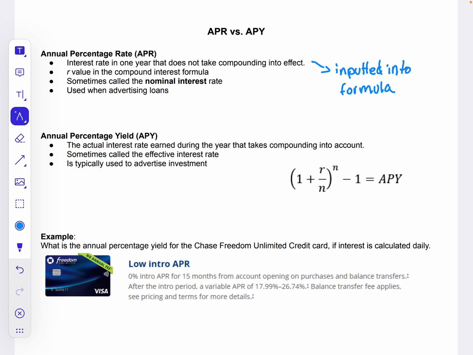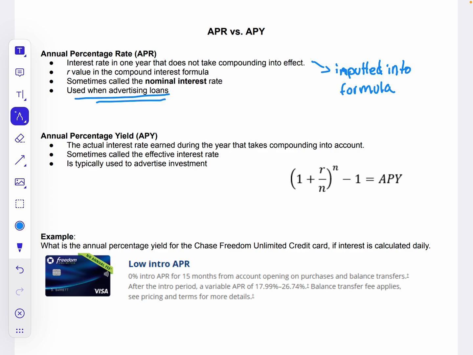The key thing when dealing with the annual percentage rate is often this is going to be the value that you see when loans are talking to you about how much money you're going to owe. Because more often than not, it's lower than the actual amount of interest that the loan will incur.